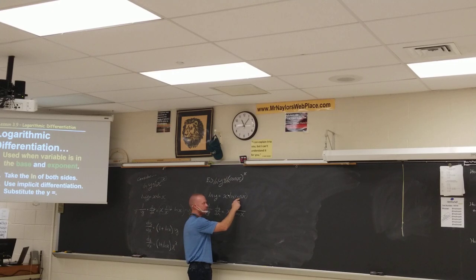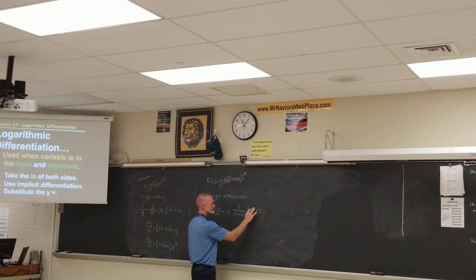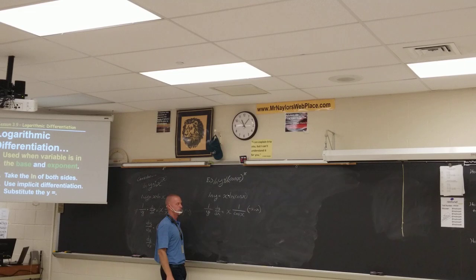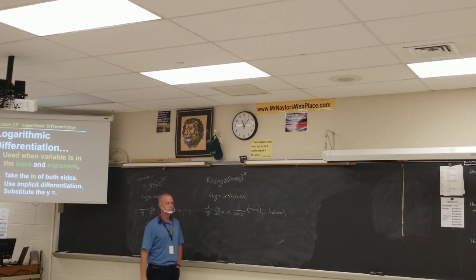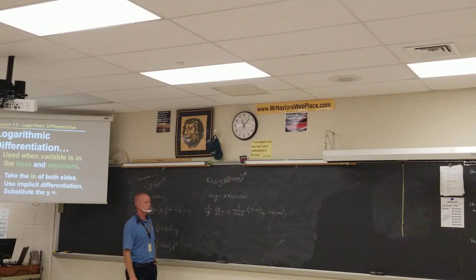Now the derivative of cosine is negative sine. So that was part of finishing the derivative of that ln. Plus you have to finish the product rule, which is just the ln of cosine times 1.